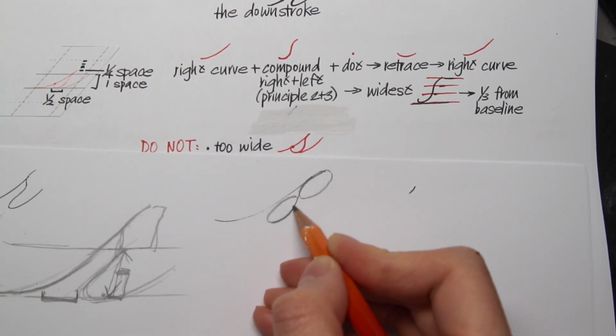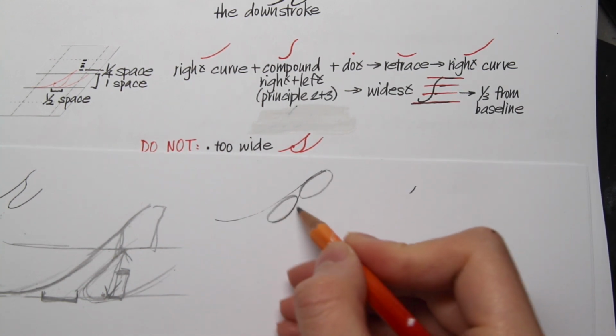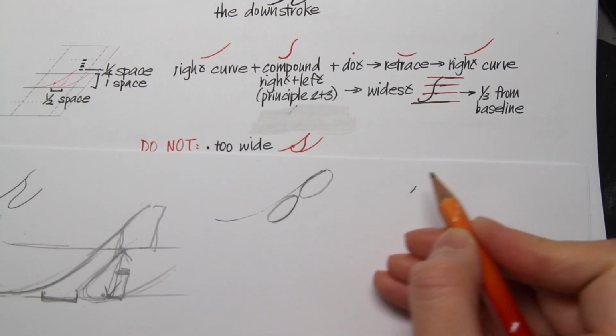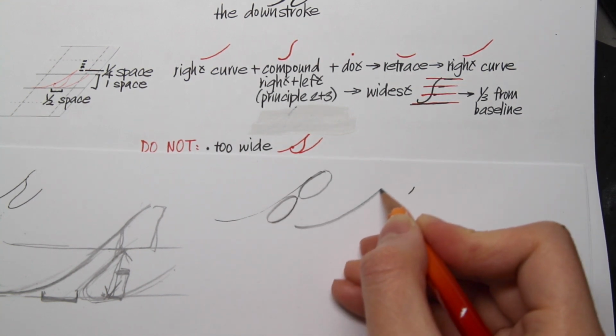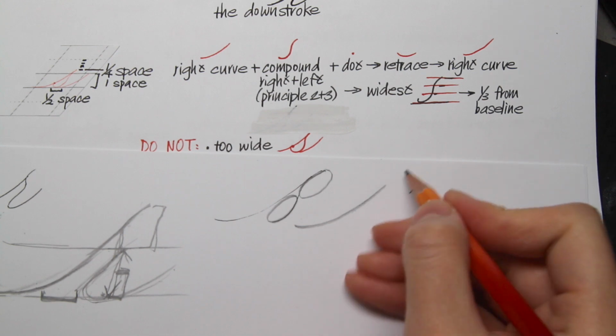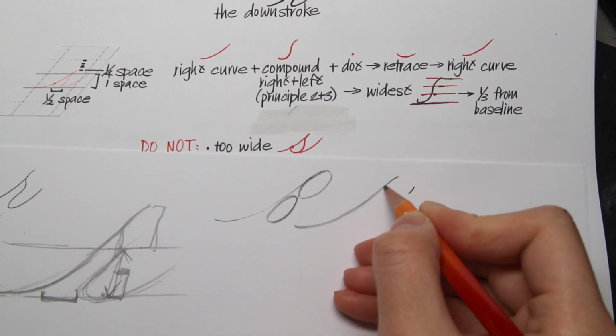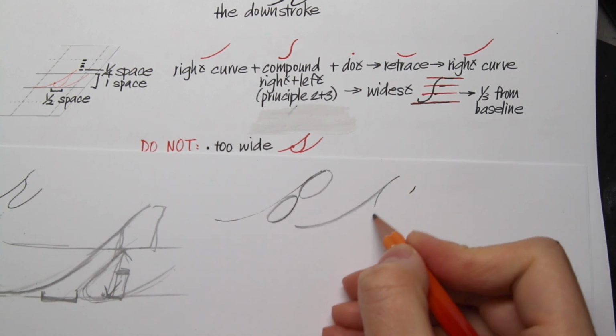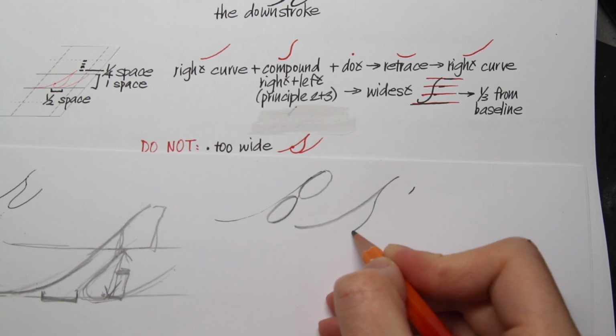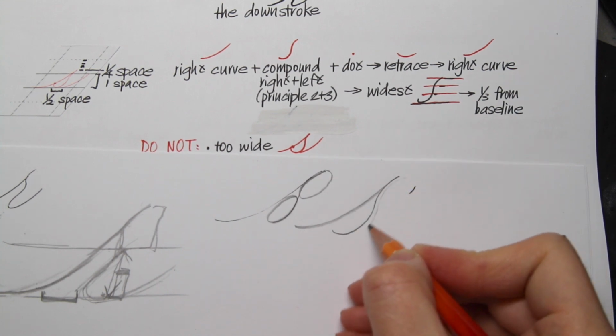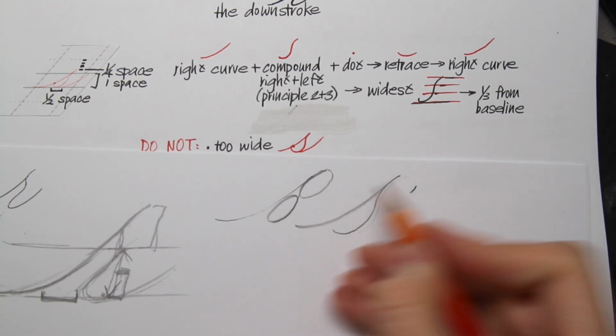This is your right curve. You can stop because you're just practicing. It's okay. Right curve. Now I'm going to draw my left curve. And now I'm going to draw my right curve. So that made your compound curve.